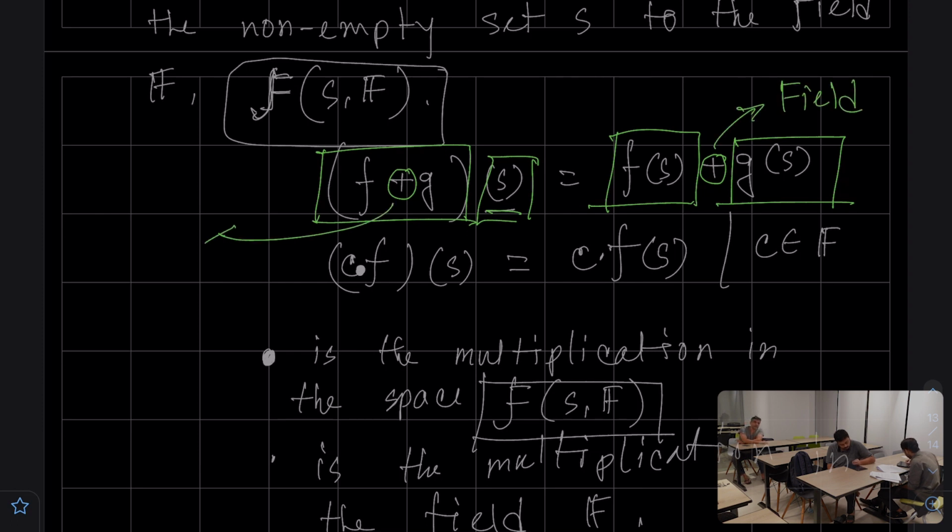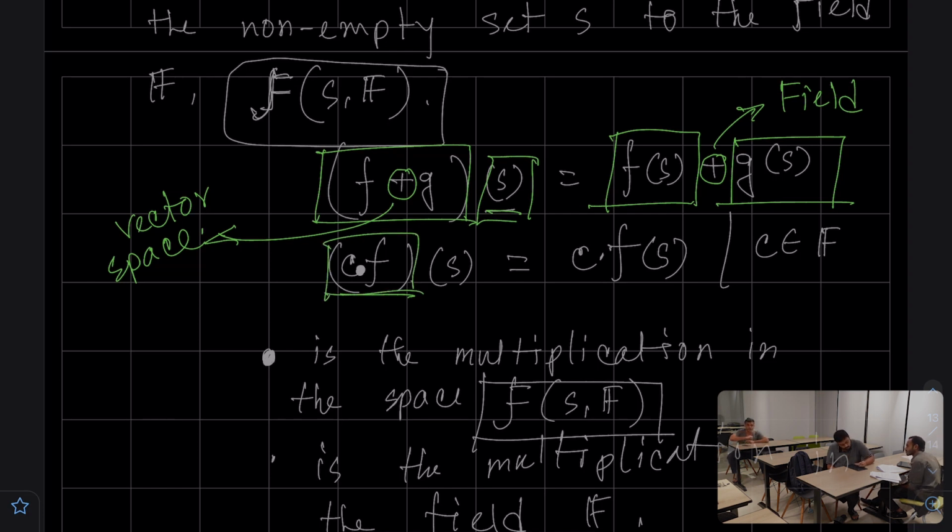Now come to the second formula. It tells you that when you scalar multiply c with the vector f, by vector of course I mean a function, right? In this setup, a vector is a function. So c dot f is going to be a new function.